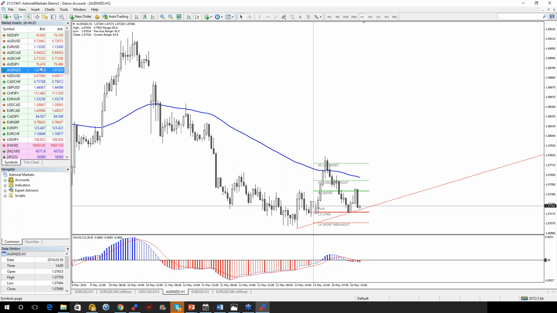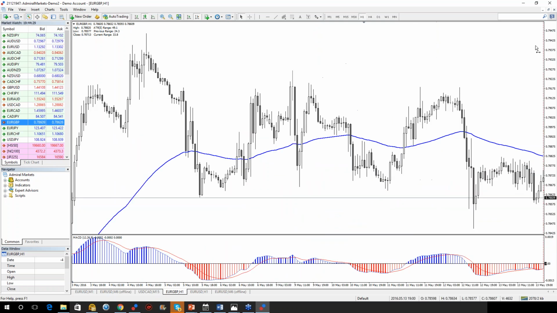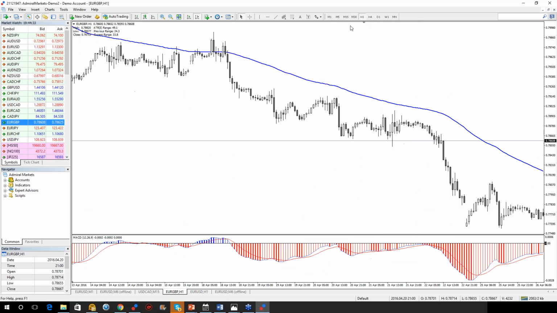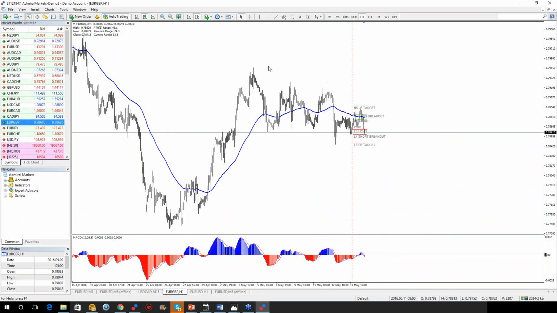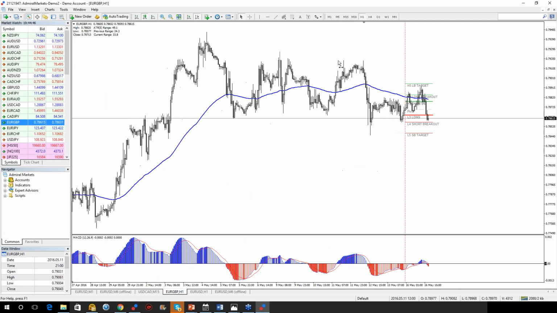Euro GBP. This looks like a range to me, Derek. I don't like how it looks. See? Big consolidation, and this is bullish consolidation. But still, see? And here, let's compare.